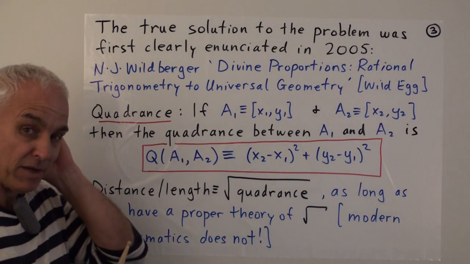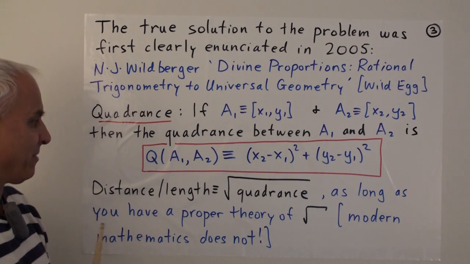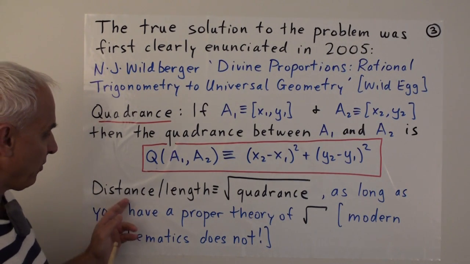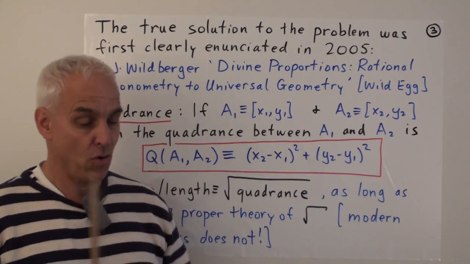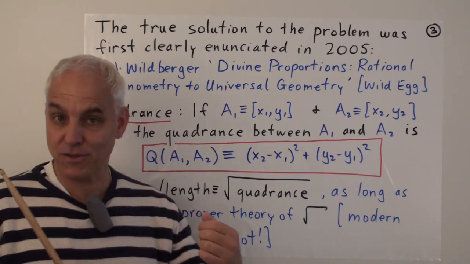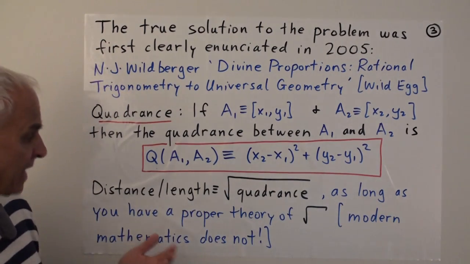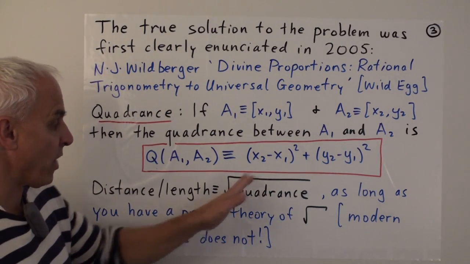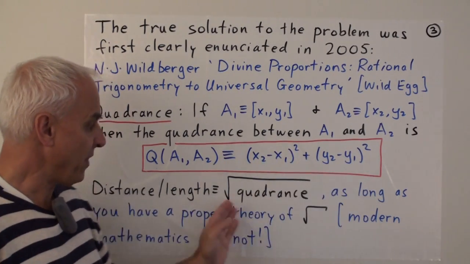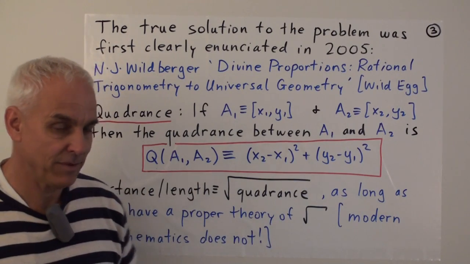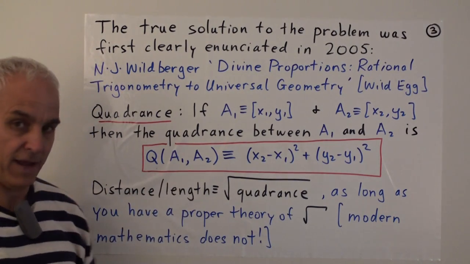That will of course not be unfamiliar to most students of mathematics. And most students will recognize that the usual distance between these 2 points, or equivalently the length of the line segment, is naturally defined in terms of the square root of this quantity. First you calculate this, and then you take a square root, and you get the distance or the length.